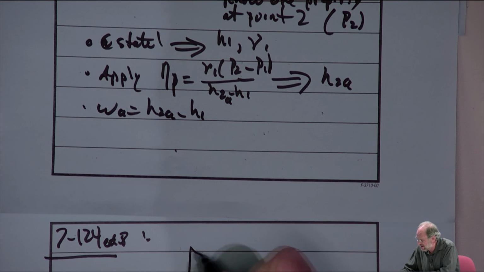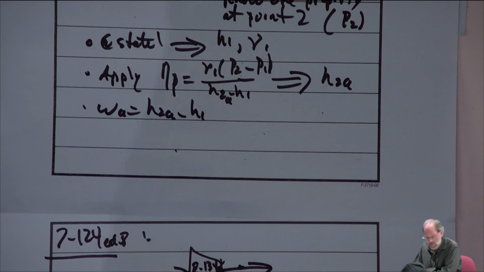We have a compressor that uses R134A. As usual, we'll use 1 and 2 to represent inlet and exit conditions. We know that the pressure at 1 is 100 kilopascals. And we also know that this is a saturated vapor.